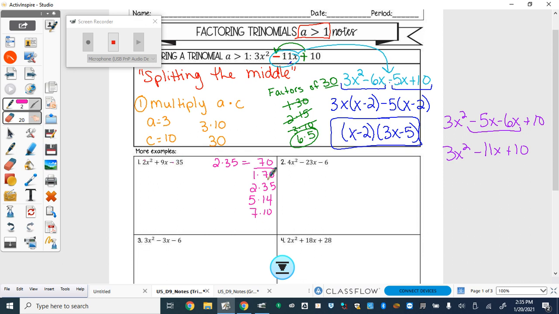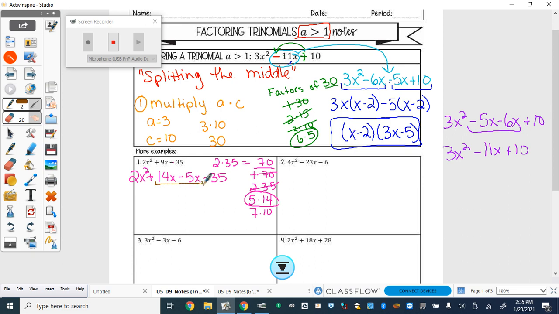70 minus 1, nope. 35 minus 2, nope. 14 minus 5, there it is. Because we want a positive 9 in the middle, we're going to use a positive 14x minus 5x minus 35. So again, if I were to combine these, 14 minus 5, that would give us our 9x.